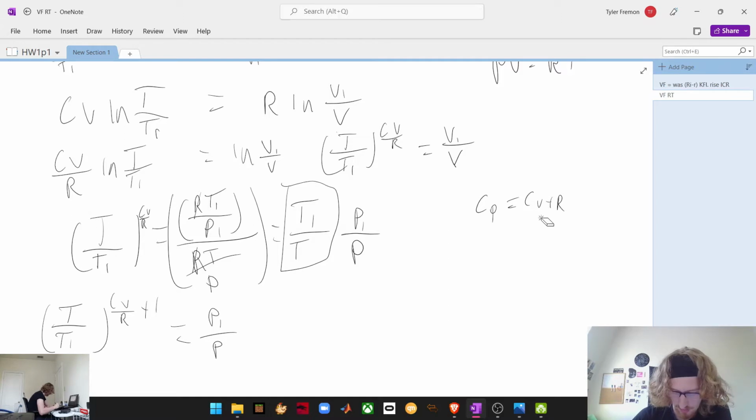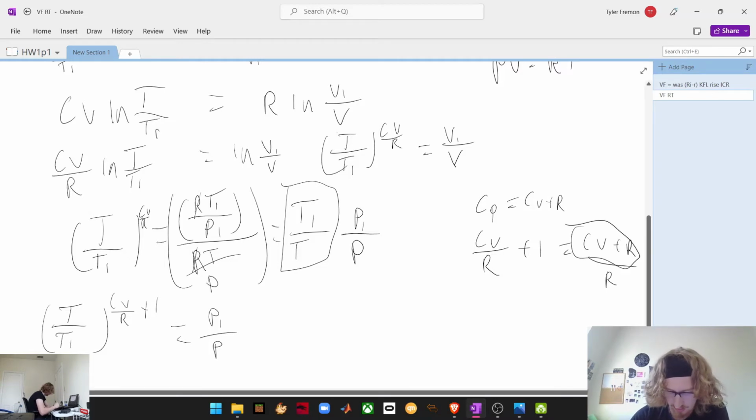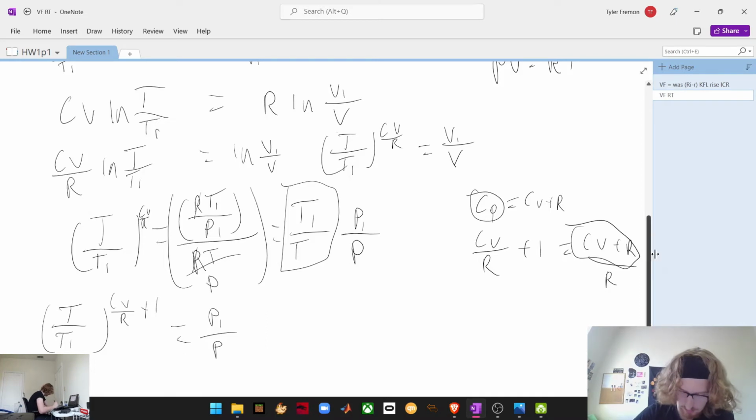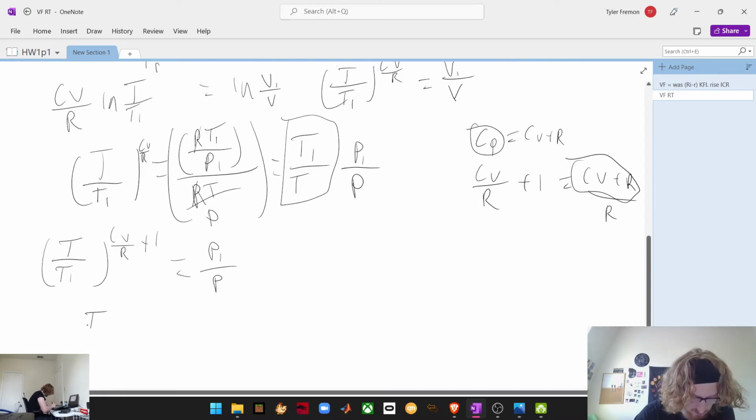So in this case, we can rewrite Cv over R plus 1 as Cv plus R over R, and then substitute Cp in. So in that case, we have T over T1 raised to Cp over R is going to be equal to P1 over P.